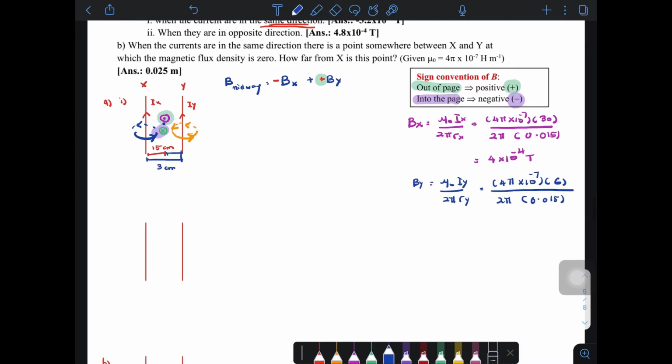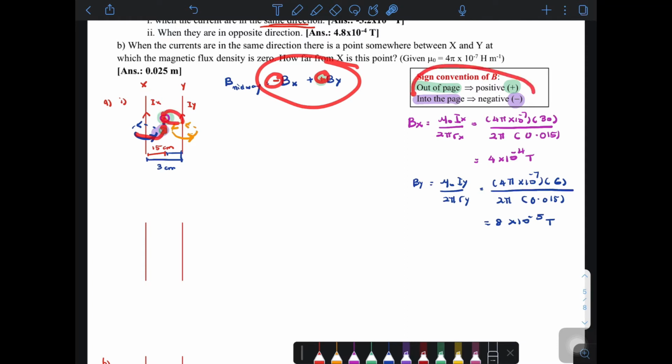Okay. So bila kita kira, kita akan dapat nilai B untuk Y ialah 8 exponent negative 5 Tesla. Okay, so kita dah ada BX, kita dah ada BY. We just substitute the value ke dalam ini. Kenapa negatif? Sebab dia into the page. Kenapa positif? Sebab dia out of the page. From the sign convention, so substitute je nilai.